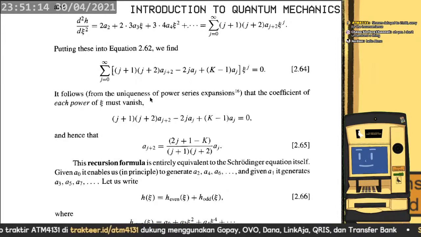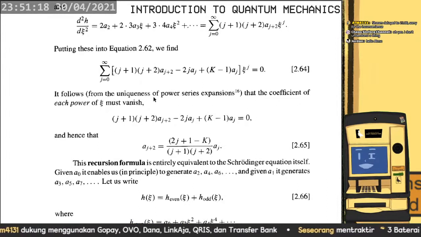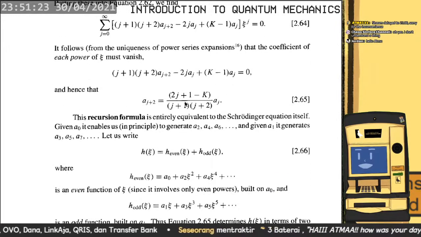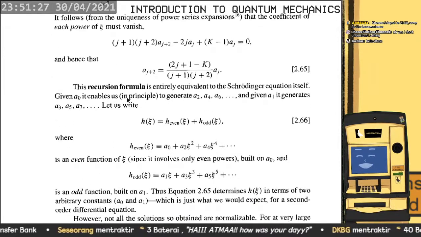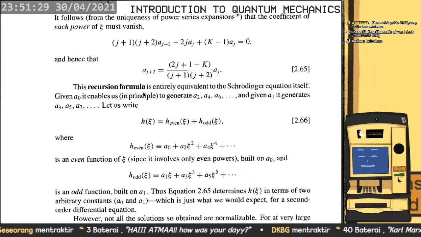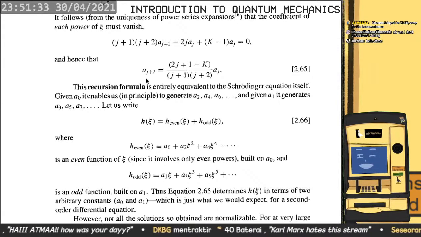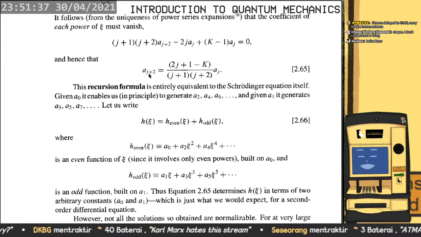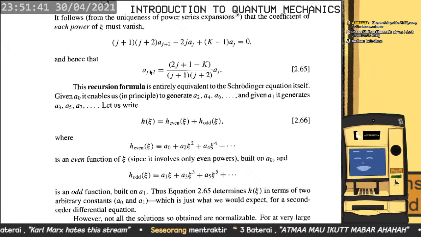It follows from the uniqueness of power series expansions that the coefficients of each power of ξ must vanish, like this, and hence that this recursion formula is entirely equivalent to the Schrödinger equation itself. Given a0, it enables us in principle to generate a2, a4, a6 and so on, and given a1, it generates a3, a5, a7.